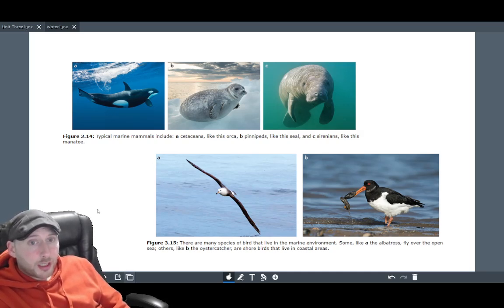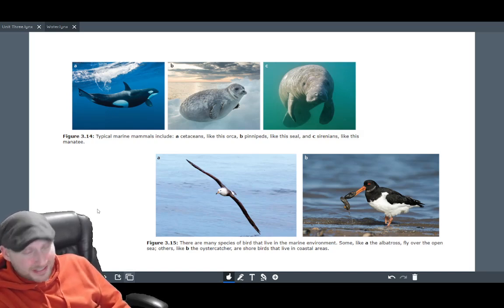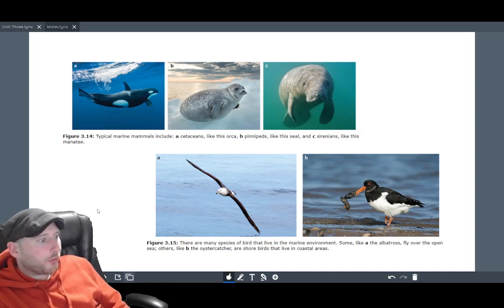We've got the pinnipeds, like a seal here, which looks a bit similar to a manatee, I'll give it that, but it's not identical, right? And then we've got the sirenians, like the manatee itself. So all of them mammals, but still definably different, yeah? But they all share the same characteristics of skin covering, of reproduction, and of the way that they breathe, yeah?